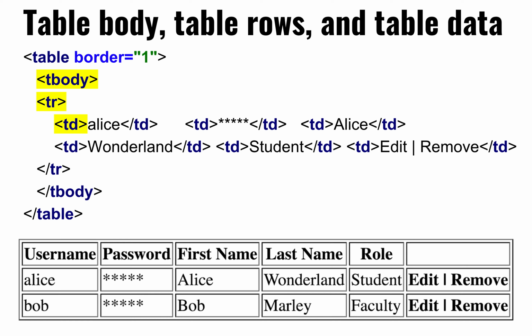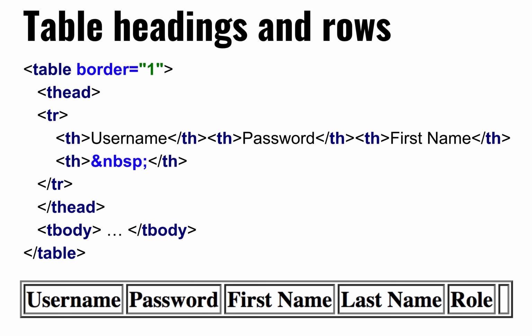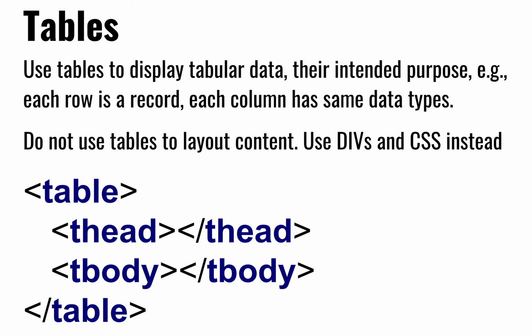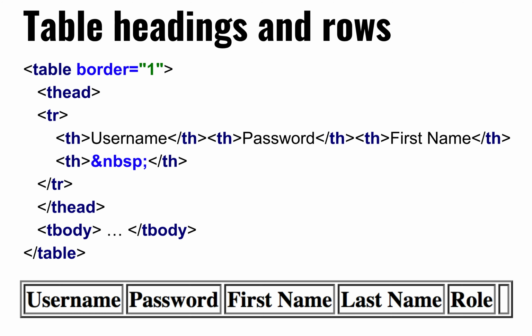You can declare the first row to be a heading row, whereas all the other ones might be data rows, right? And to do that, we have tables being able to describe two different sections, table head and table body, and each one can have rows.